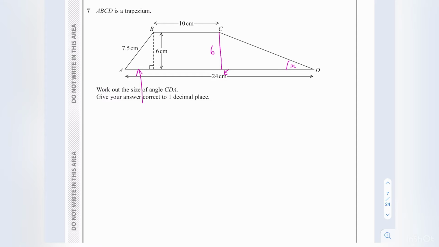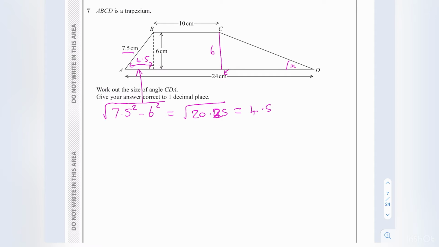That's just using Pythagoras. So we've been given our longest side, 7.5 squared. We need to subtract that 6 squared. We type it in our calculator. So this is equal to root 20.25, which then equals 4.5. So this length here going across is 4.5.